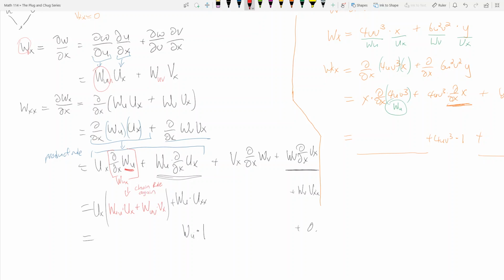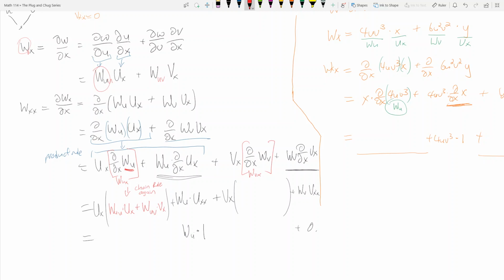Great. Well, we're not done, because we already calculated that term. Now, what do we need to do? Now, I need to find v sub x times d/dx of w sub v. And again, d/dx of w sub v, that's w sub v sub x. Again, this is nonsensical, because I have an x attached to a w.